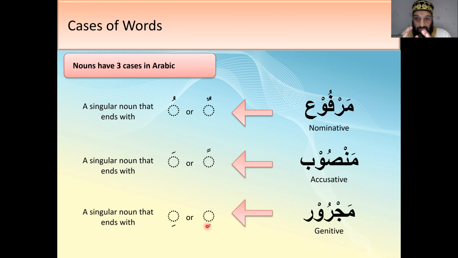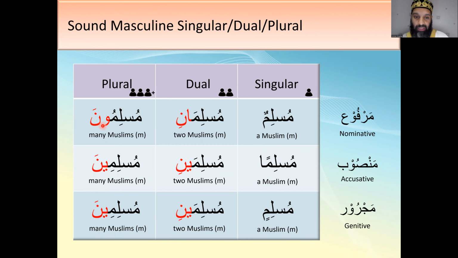Look, muslimatani, muslimani. So ani is a sign of marfu. It is the marfu ending for duals. And the marfu ending for plurals is una or atun. So we just have to learn this table. And I'm hoping, if you haven't learned it by now, you can use this lesson to get it in your mind again.